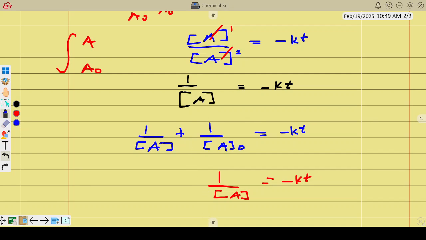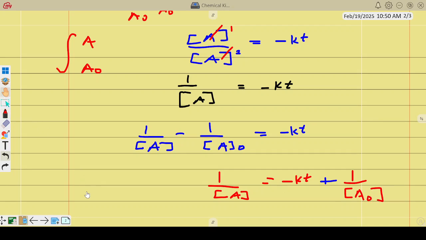Hold on. Do I want to confuse myself? I think this is a sign that I'm tired. So this is negative 1 over A. When it crosses over, it should be plus 1 over A naught.